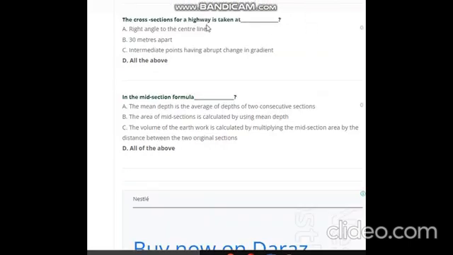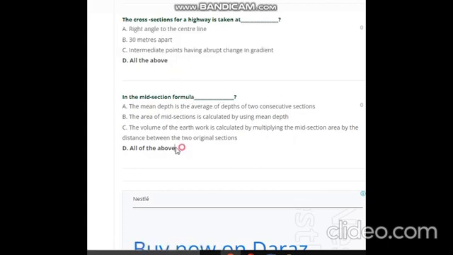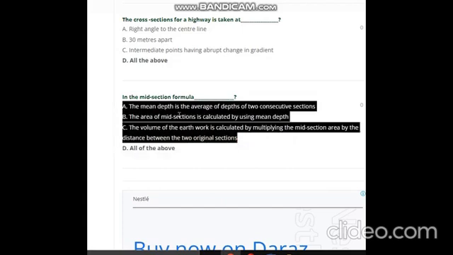The cross section for a highway is taken at all of the above: right angle to the center line, 30 meter apart, intermediate points having abrupt change in gradient. In the mid section formula, all of the above: the mean average, the area of mid section, the volume of earth.